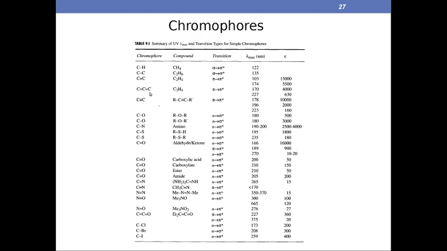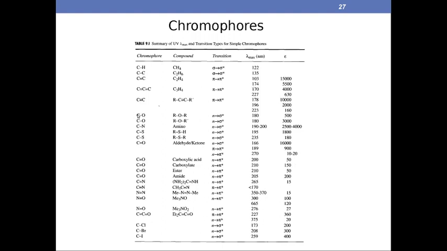Then in an allyl type system, we can have a pi to pi star transition that usually occurs at 170 nanometer. See the difference here: we have only one double bond, and the pi to pi star transition occurs at 103 nanometer, whereas when we have two double bonds in conjugation, the pi to pi star transition happens at a higher wavelength. We shall see the reason for this effect later.